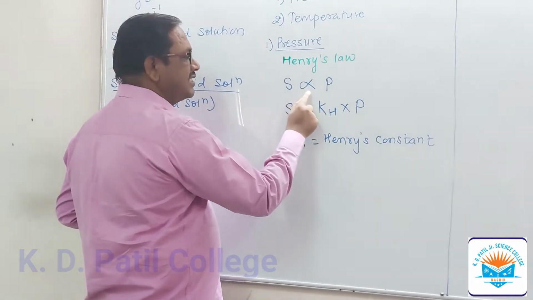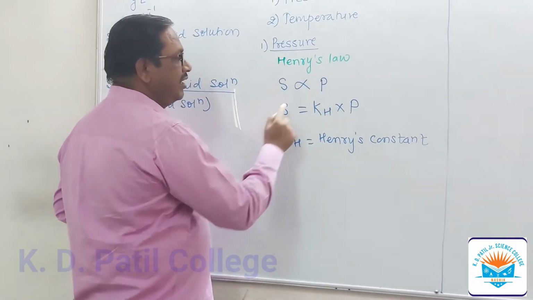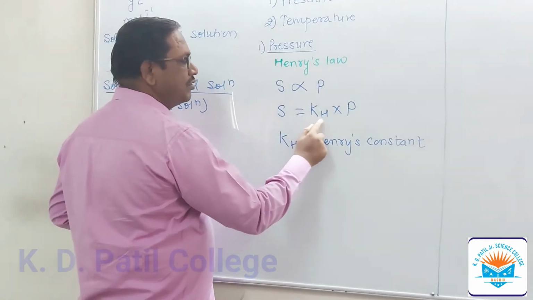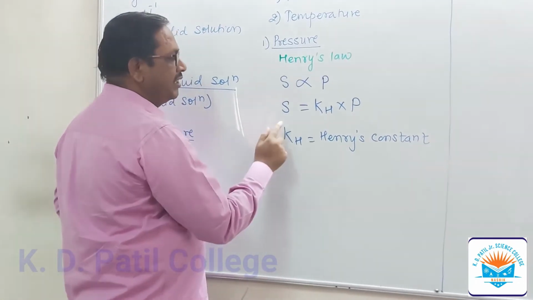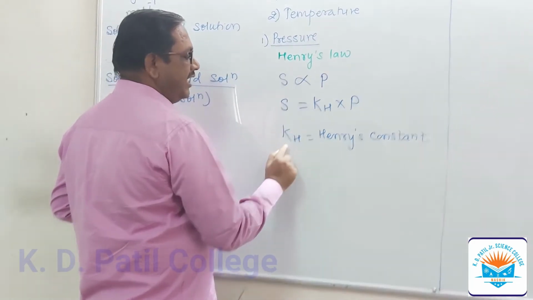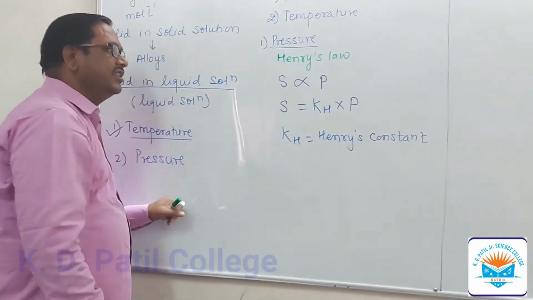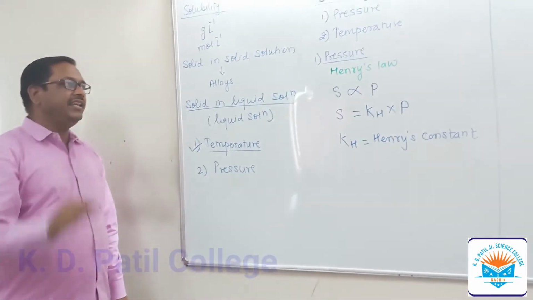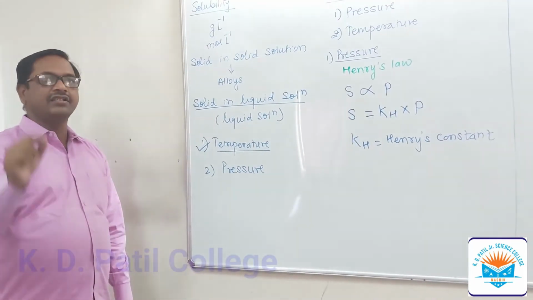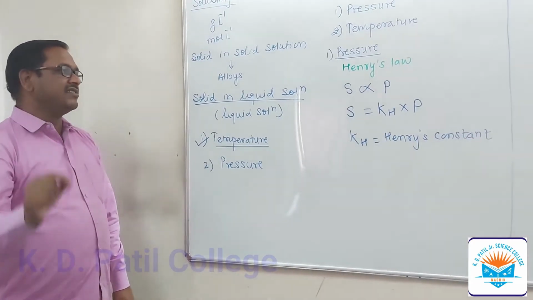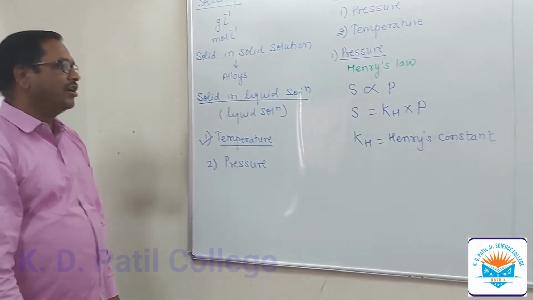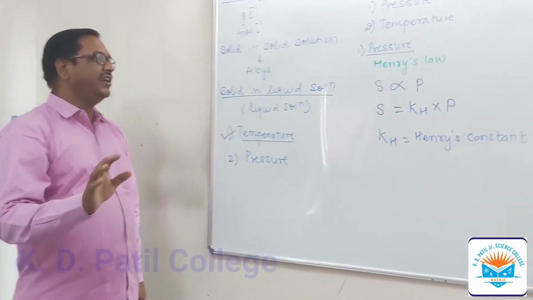Therefore S is directly proportional to P. By removing the proportionality sign, S is equal to Kh into P, where Kh is the Henry's constant. In this way, Henry's law states that at any constant temperature, the solubility of gas in liquid is directly proportional to the pressure of gas.